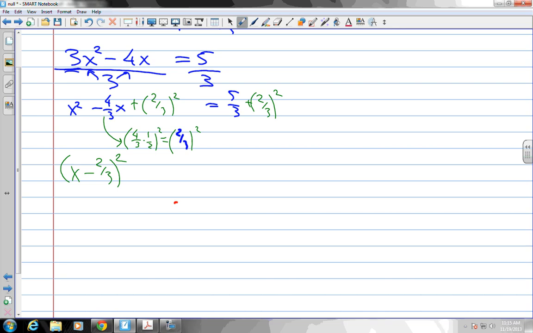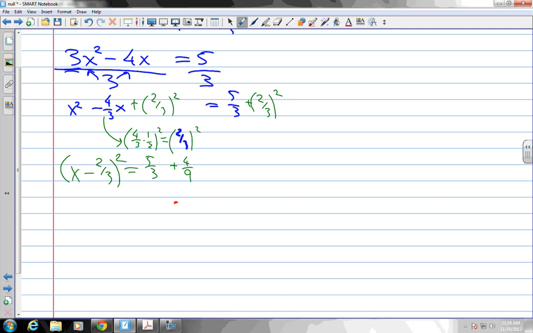While on the right, I have to add those two fractions. So let's see what's on the right. So that's 5/3 plus 4/9, right? That's what I need to compute.